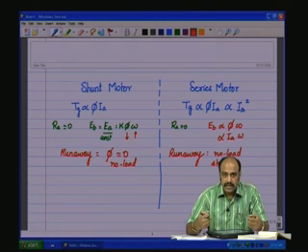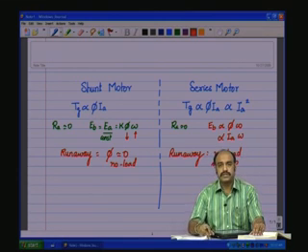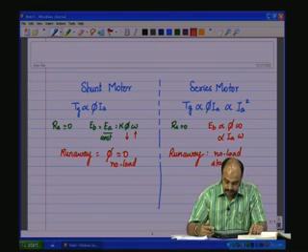So, the Ia starts increasing, and then that will give you a torque which is proportional to Ia square, and then the speed picks up very fast.